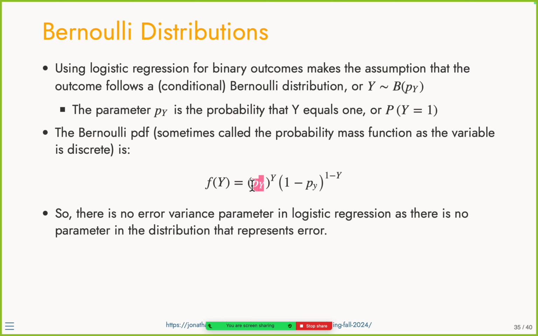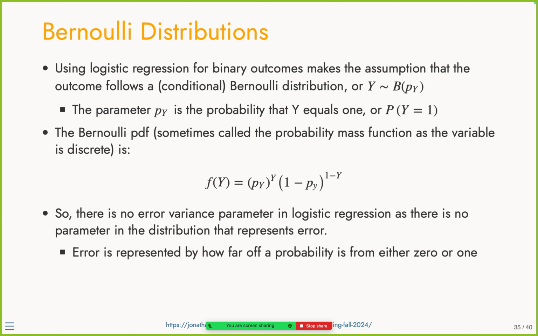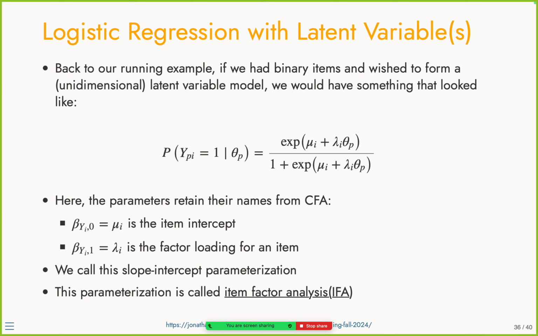If that probability is 1 or 0, we know for certain that y will be 1 or 0. So error in a Bernoulli or logistic distribution is described by the difference between this probability and its extreme value, 0 or 1. You can think of error as being present in the model. It's still uncertainty, but that uncertainty is related to its mean as well. It's an interesting perspective, so I just said that.